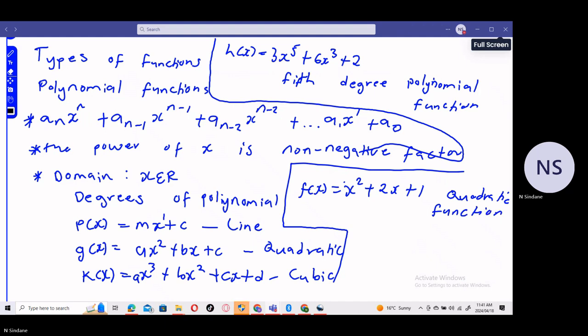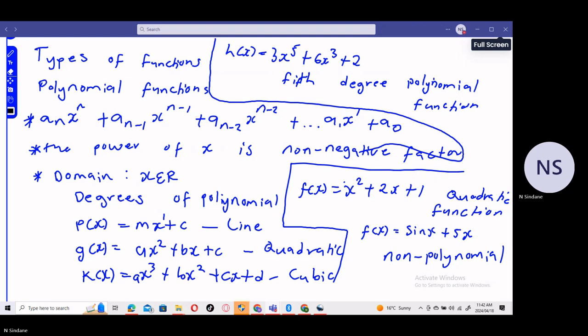If you have something like f of x equals sine of x plus 5x, this is a non-polynomial function.